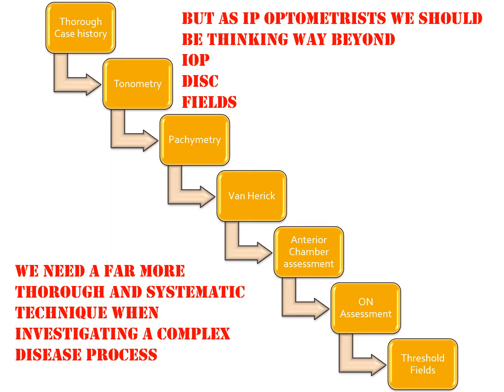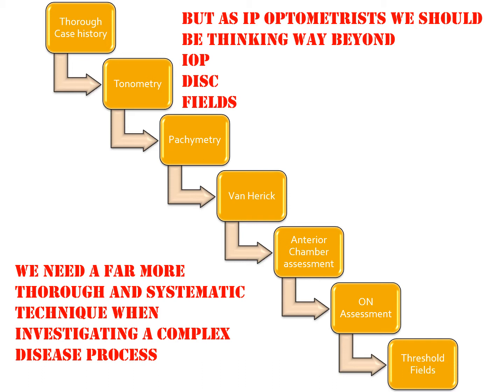We've got to be thorough and we've got to have a systematic technique for investigating an extremely complex disease process. You don't want to just do fields, do pressures, look at the optic nerve and refer. So we need a thorough case history, we need tonometry, we need pachymetry, we need some form of angle assessment, and then looking at the anterior chamber for secondary glaucomas.